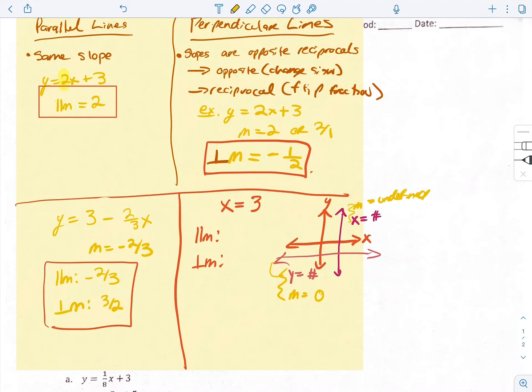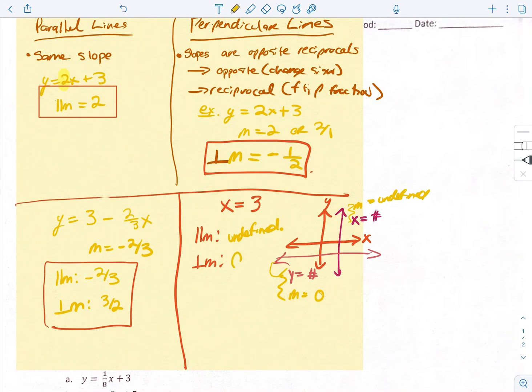All right. So why do we do all that? So the slope of x = a number, this is x =, the slope is undefined, so that's the slope, undefined. And what's the slope of anything perpendicular? Well, this slope is perpendicular, and it's 0.